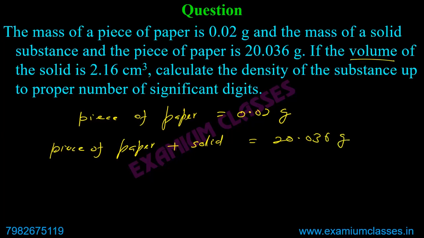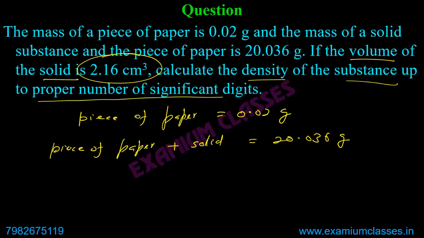If the volume of the solid is this much, calculate the density of the substance up to the proper number of significant figures. So it is written proper number of significant figures.